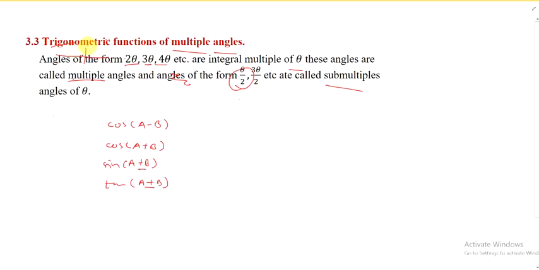Now, the trigonometric functions of multiple angles means, what are the formulas here? These are the multiple angles, but what do we have to study here?